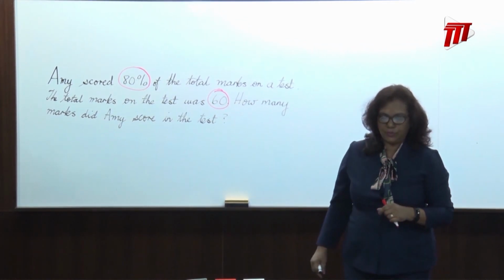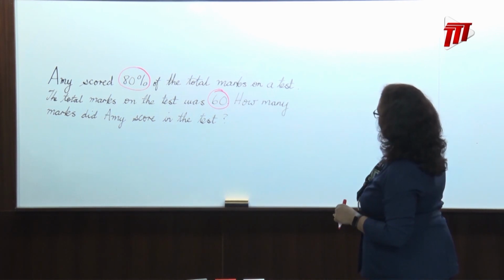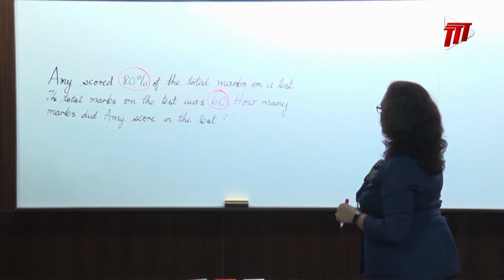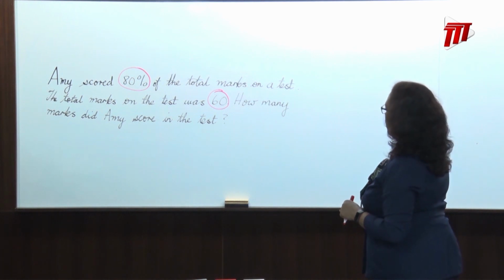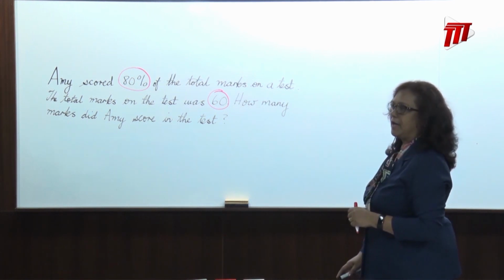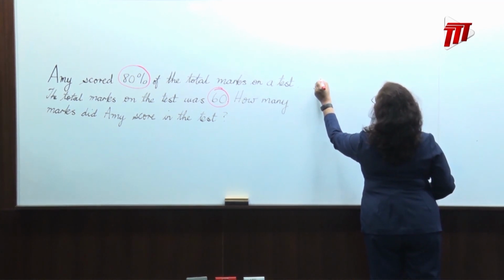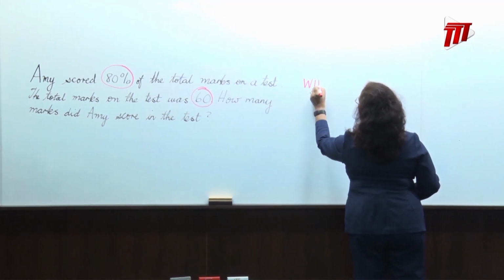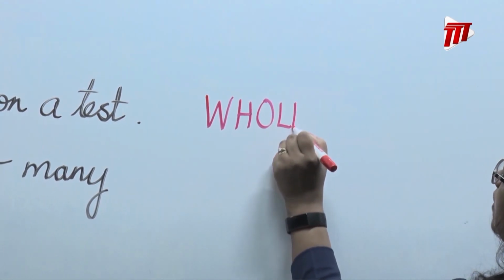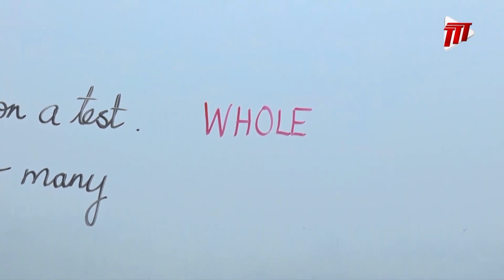What we have to remember is that when we are solving problems in which we want to find the percent of quantities, we have to recognize what is the whole. We must know what is the whole. We must know what is the part.